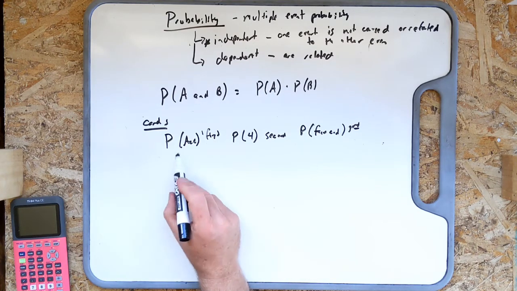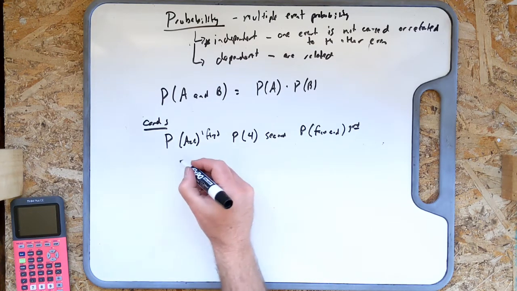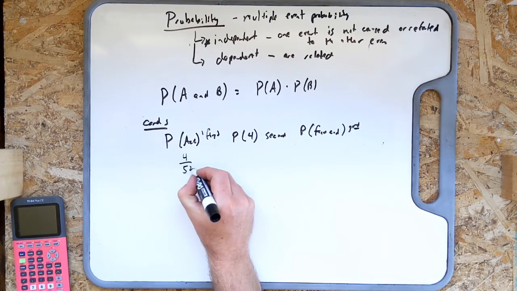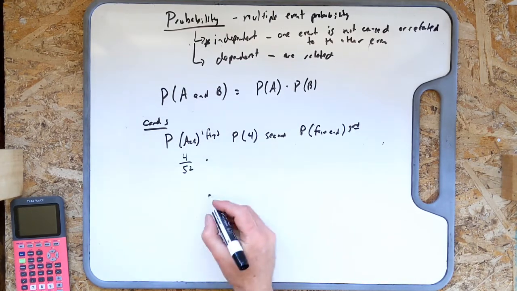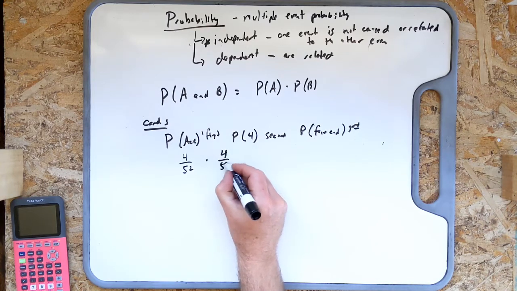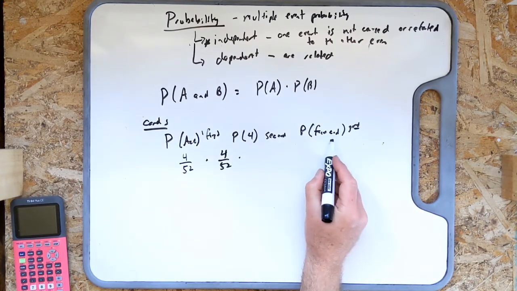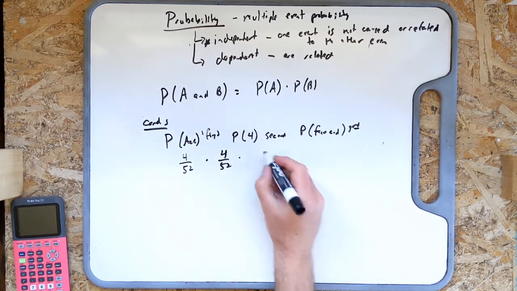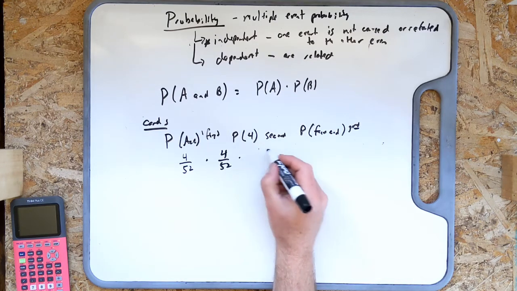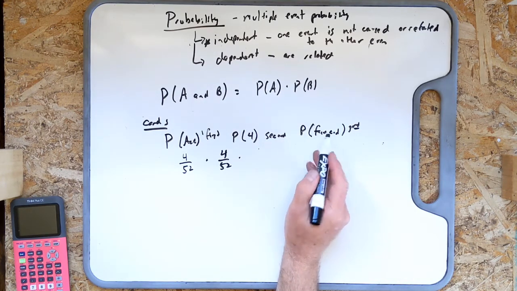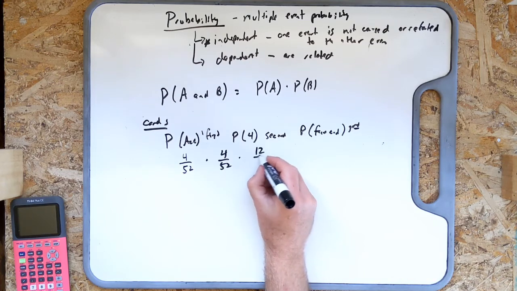Okay, so let's do that. Probability of an ace is 4 aces out of 52 total. Probability of a 4, there's 4 fours, 4 out of 52 total. Probability of a face card, remember there are 3 per suit, so there are 12 total out of 52.